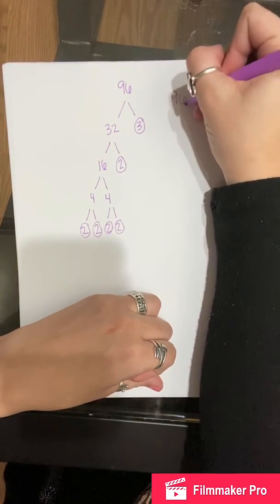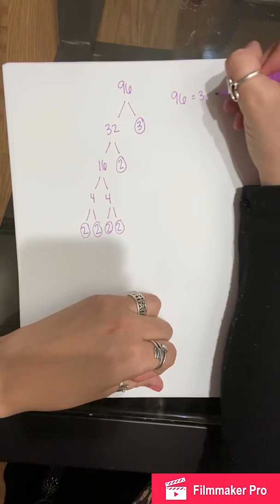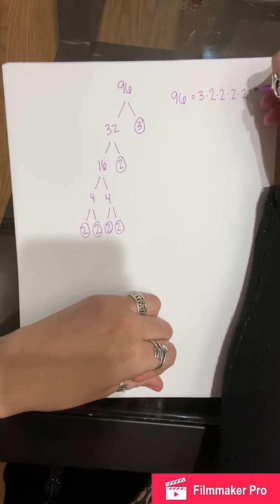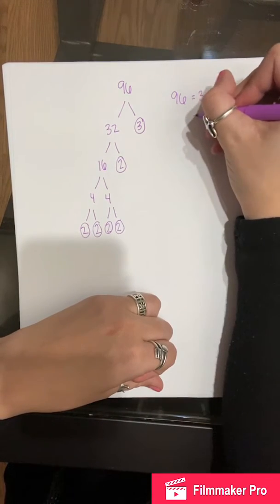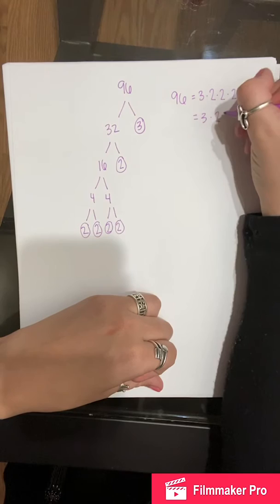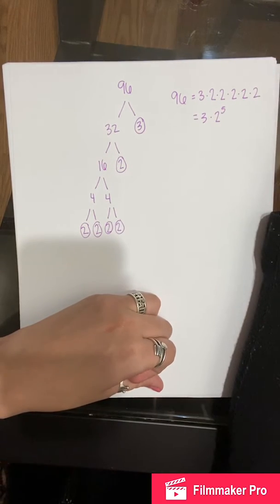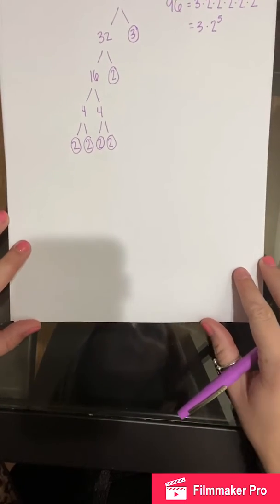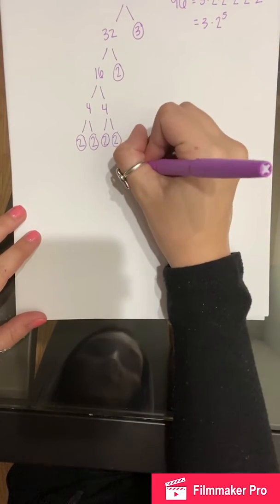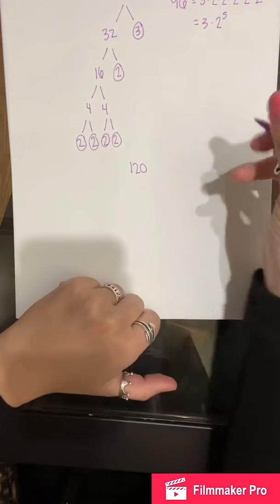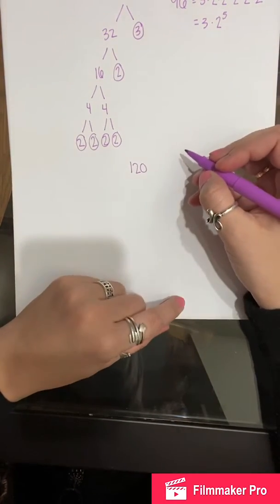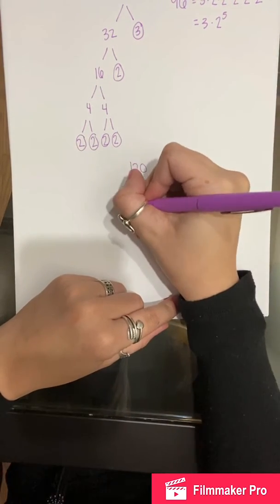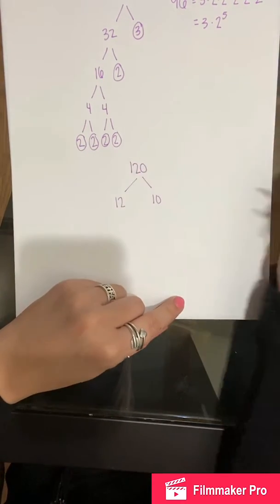So therefore 96 would equal 3 times 2 times 2 times 2 times 2 times 2, which would be 3 times 2 to the 5th. Okay, now for 120. Now for 120, there's many, many ways you could do this, but I'm going to just take the biggest numbers I know and do 12 and 10.